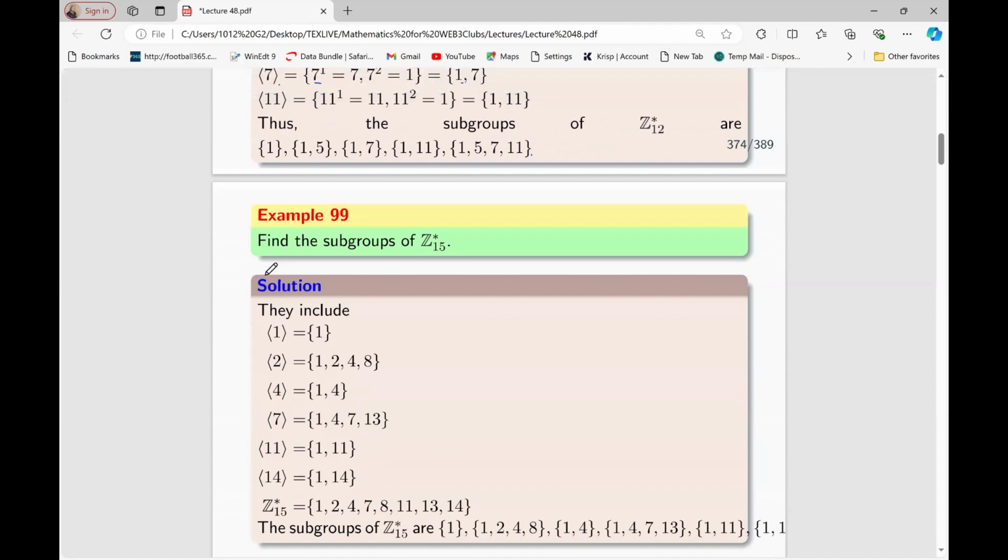Now, we have a function that is giving us the elements which are relatively prime to 15.